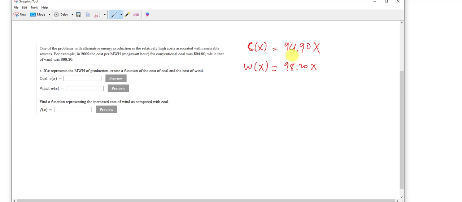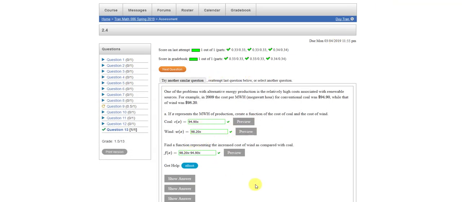So in this case, to find the increased cost between C and W, that means you just find the difference in the cost between C and W. We take the higher value, the cost, subtract the lower one, and that should give me the difference, or in other words, the increased cost of the wind as compared with the coal. And the same thing, right? You take the higher, subtract that, and if I plug that in here, I should get the final answer.